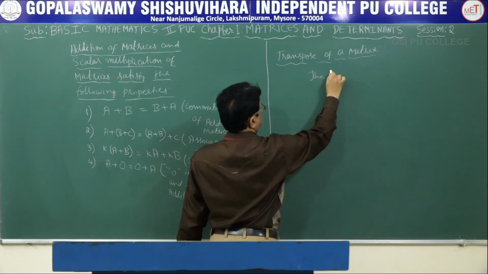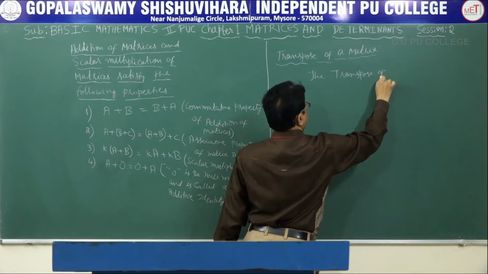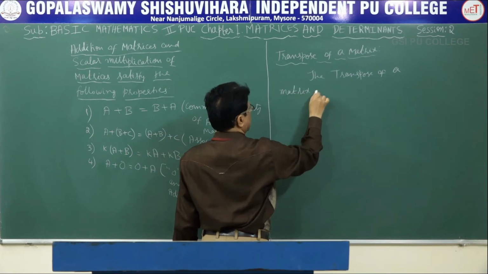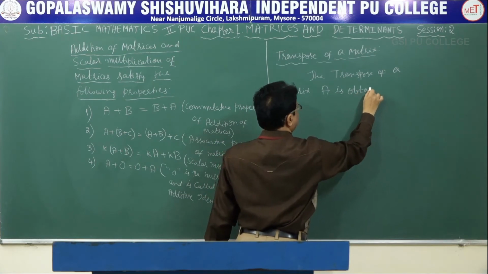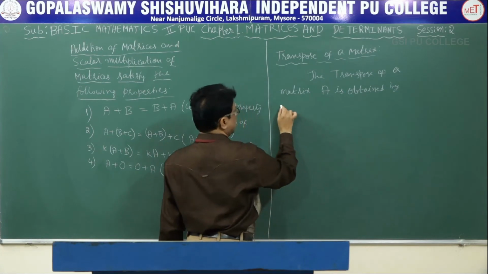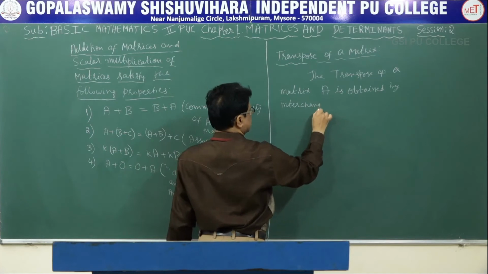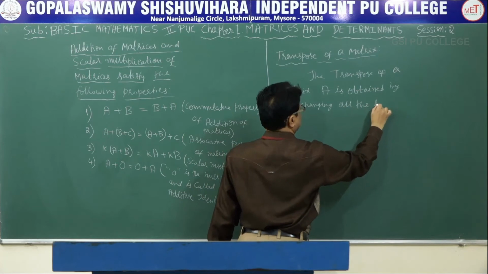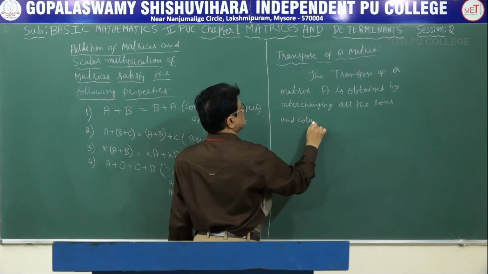The transpose of a matrix A is obtained by interchanging all the rows and columns.